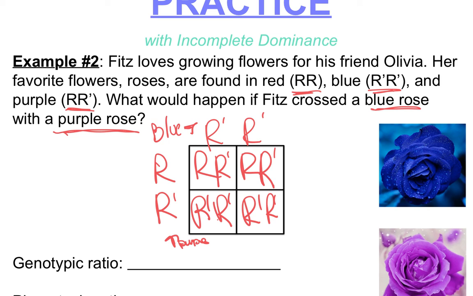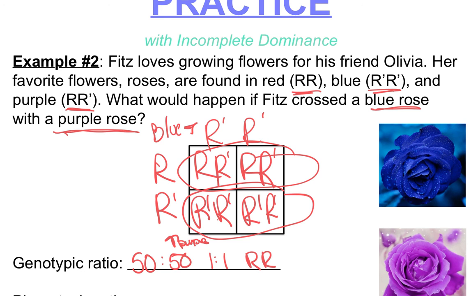we have a 50-50 ratio. So this is a genotype that is 50% to 50%, or a 1 to 1, R R prime to R prime R prime.